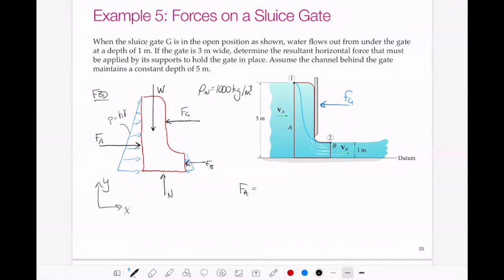So we would have 1/2 times 1,000 times 9.81, which is the specific weight of the fluid, times the depth, 5 meters. That would be the resultant total pressure times our area.